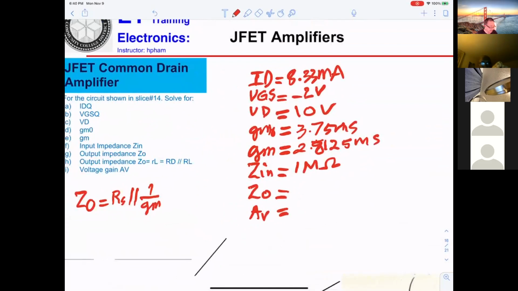So basically, gL is not RF parallel with 1 over gm. gL will be RF parallel with the load.